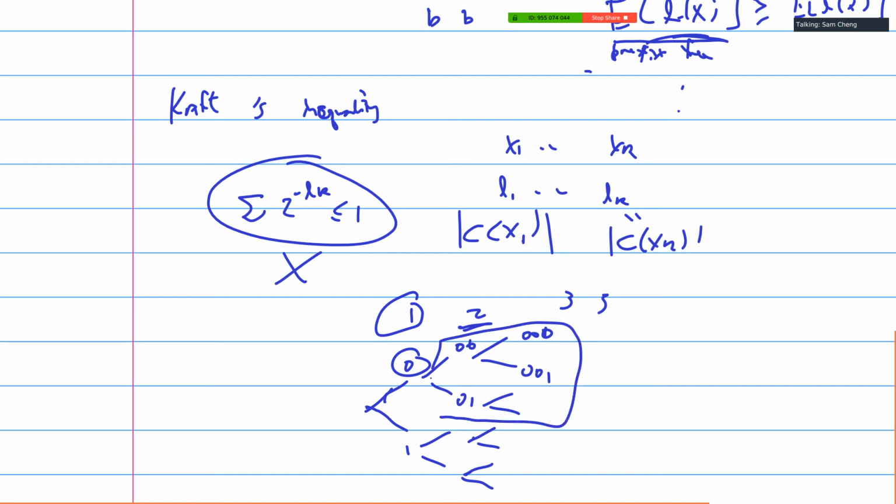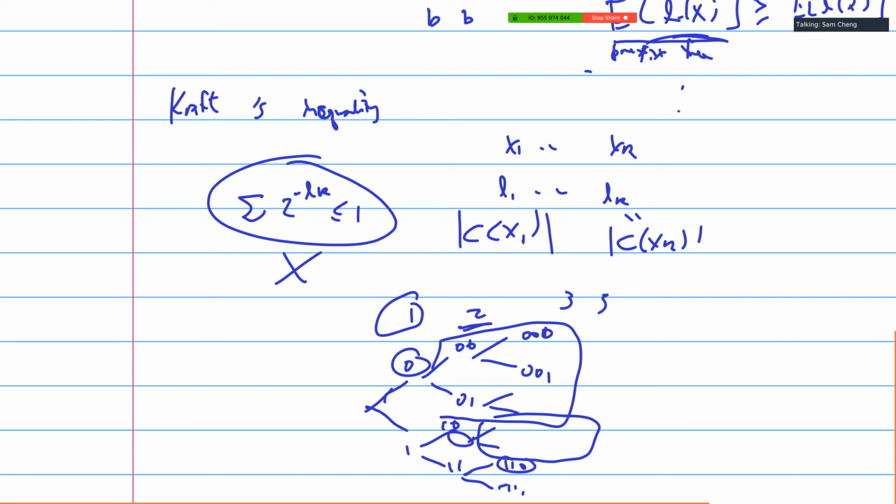I will look for something at depth 2, then I can pick a node here, let's say 1, 0. Once I pick this 1, 0, I will similarly exclude all of its descendants from what I'm going to pick next. So if I have another one of length 3, then let's say 1, 1, 0 and 1, 1, 1.